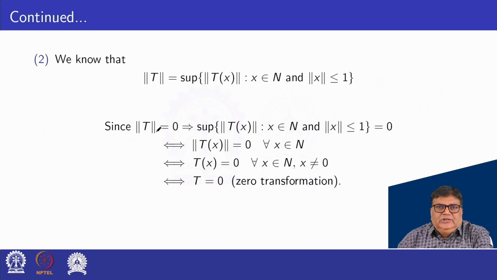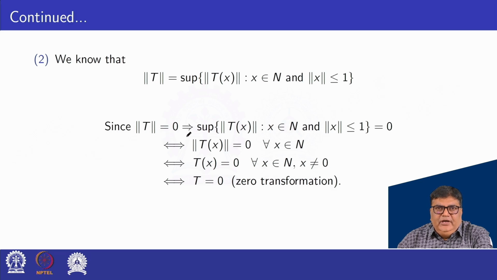Second, if norm T is equal to 0, this implies that the supremum of norm Tx such that x belonging to N and norm x less or equal to 1 is equal to 0, because norm T is defined this way. Norm T is always non-negative, and if it is 0, then norm Tx is equal to 0.